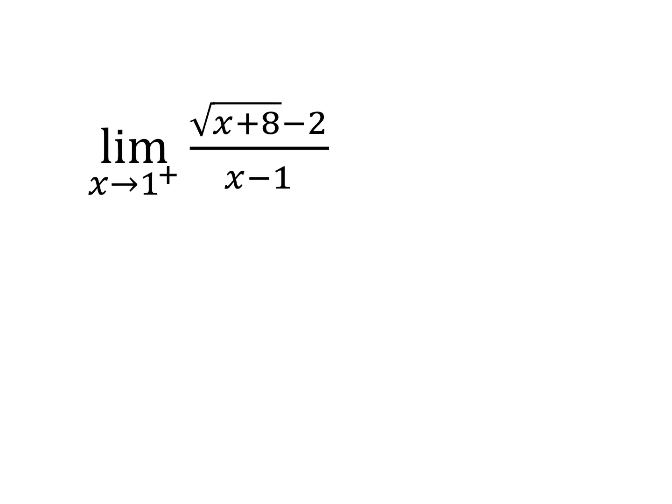What can we say about the top? The square root of 1 plus 8 minus 2 is 1 over 0, but what kind of 0? A positive, very close to 0 positive, yeah? So this one goes towards positive infinity.